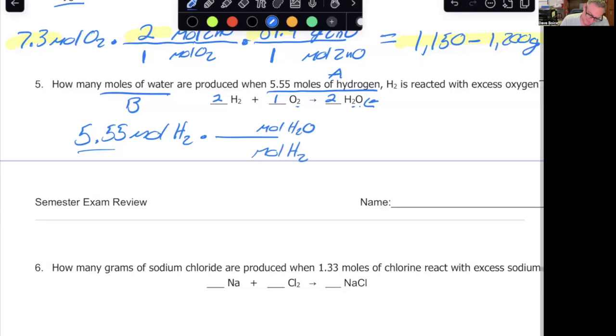When I balance my equation, I see 2 moles of H2 will react to form 2 moles of H2O. So this is basically 5.55 times 1. I would give you a range, but at this point there's not really much point. So 5.55 times 1 is going to equal 5.55 moles of H2O. So this is a 1-to-1 ratio. And there you go.